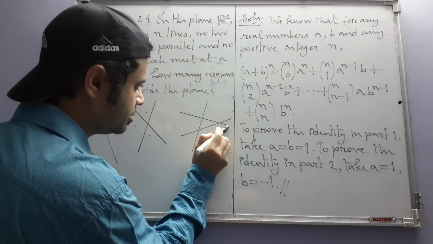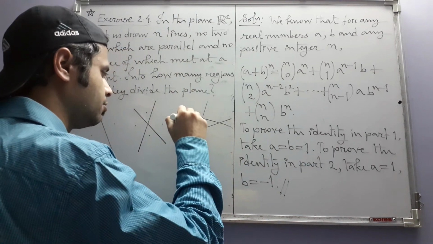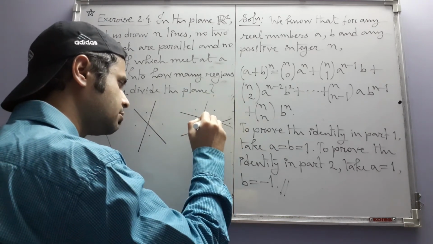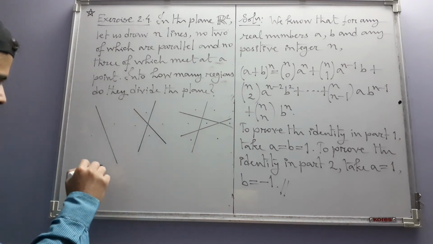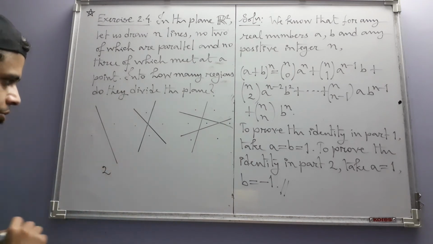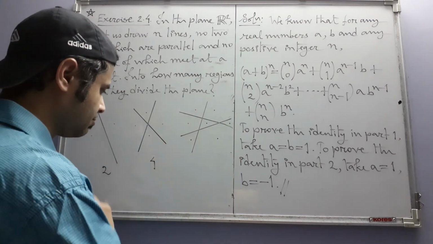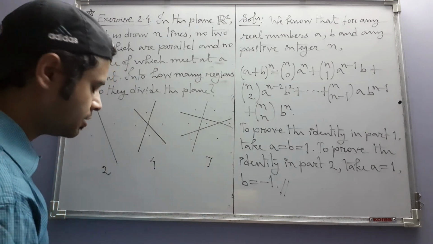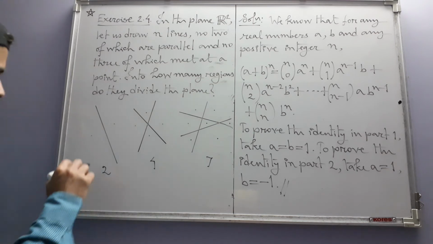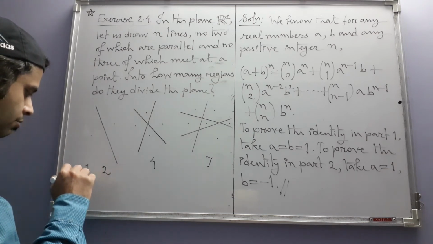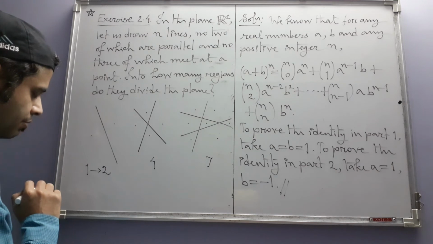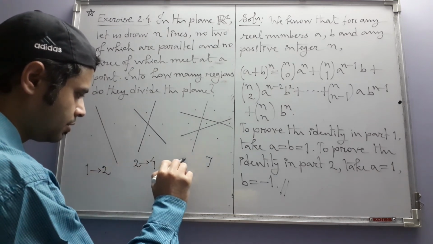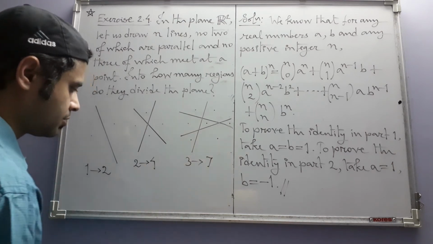Now how many regions do we get? 1, 2, 3, 4, 5, 6, 7. Here we have 2 regions, here we have 4 regions, here we have 7 regions. From one line we have got 2 regions, from 2 lines we have got 4, and from 3 lines we have got 7.